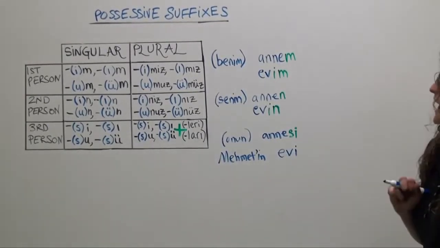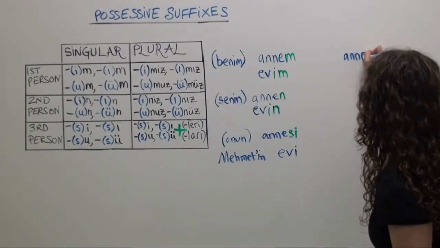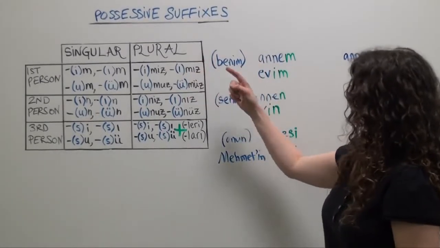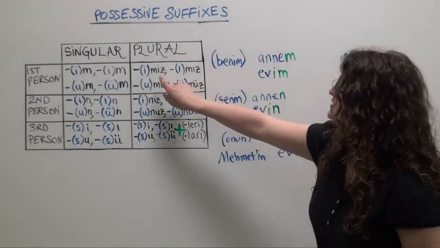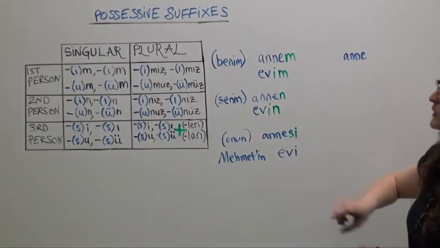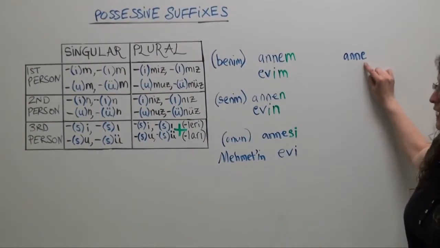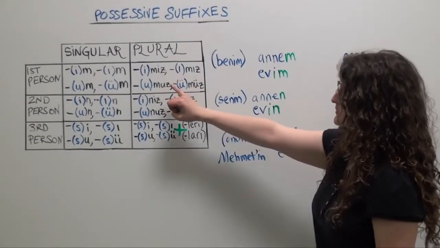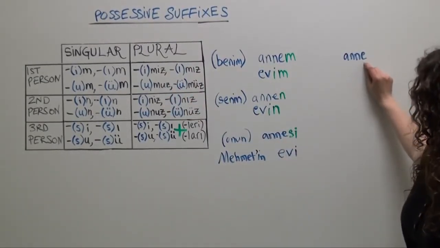Let's say we want to say our mother. Start again with the word for mother, anne. This time, we are going, as we did with the first person singular, to notice that we don't need a buffer vowel because anne already ends in a vowel. So we're just going to add the version of the plural first person possessive suffix that agrees best with the final vowel in anne.